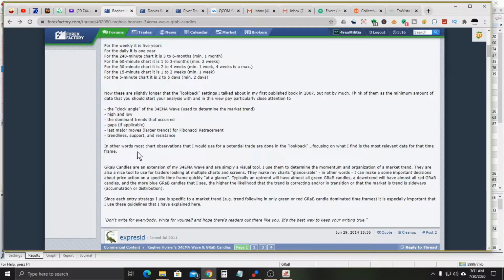So in other words, most chart observations that I would use for a potential trade are done in the look back, focusing on what I find in the most relevant data for the time frame.